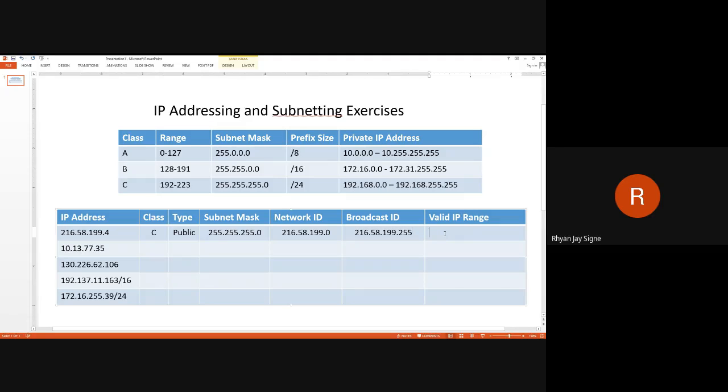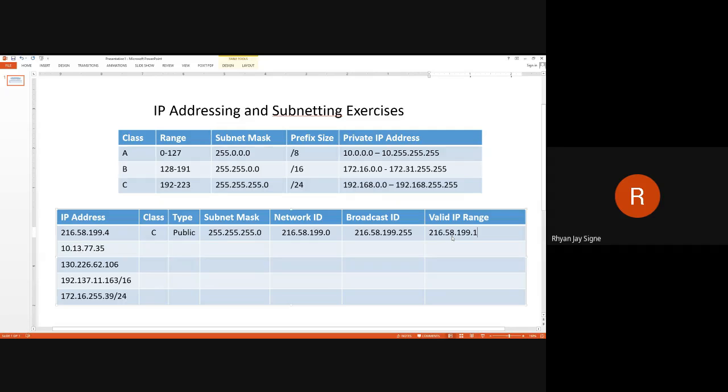Okay? To get the valid IP range, you need to add 1 to the network ID and subtract 1 from the broadcast ID. So 216.58.199, 0 plus 1 equals 1.